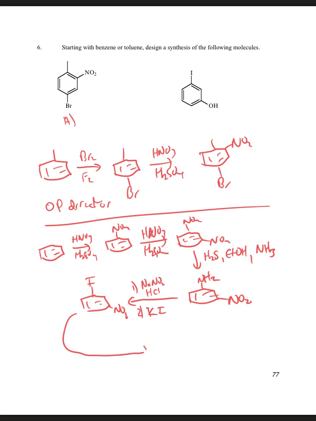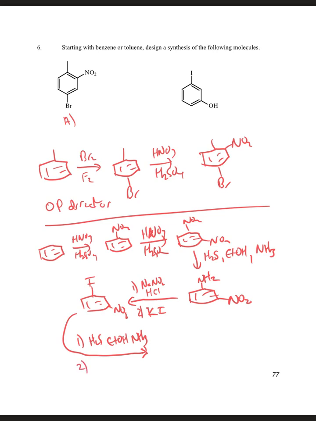And then all we'd have to do is reduce the nitro if all we had was the hydrogen sulfide, ethanol, and ammonia. We can use it. If we had two of them, it'd only reduce one because we'd have the right amount. But if we have one, we might as well use it.